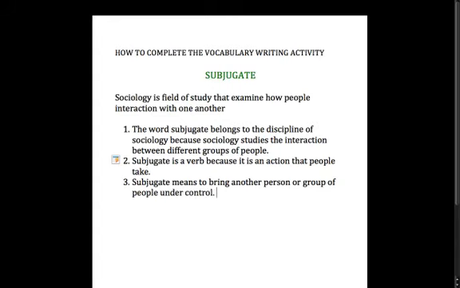Okay, so here's the sentence I came up with. Subjugate means to bring another person or group of people under control.